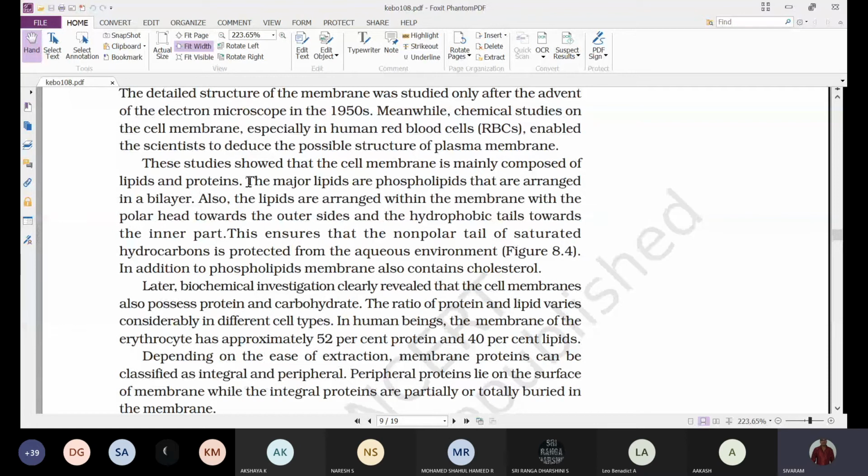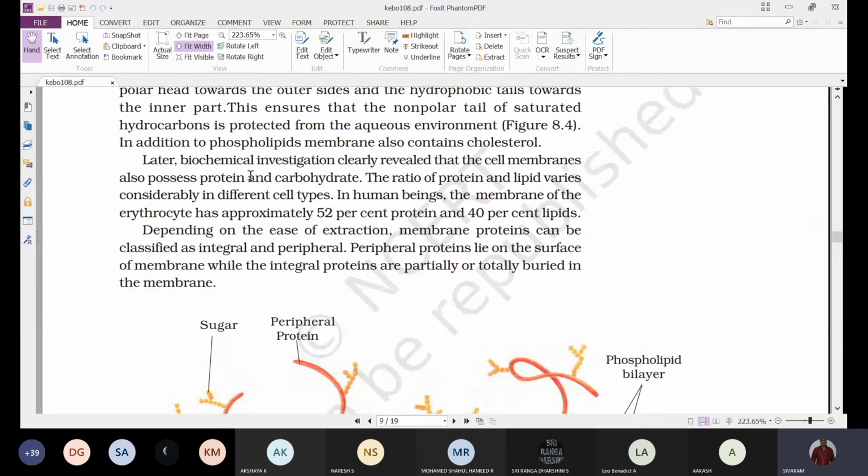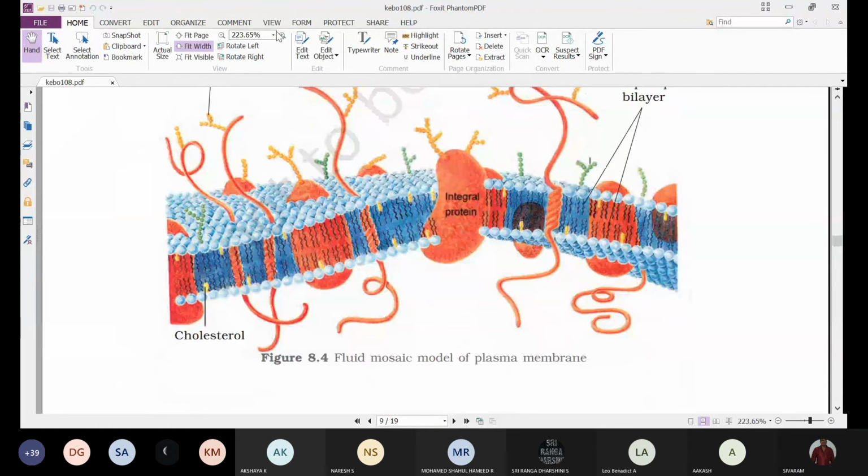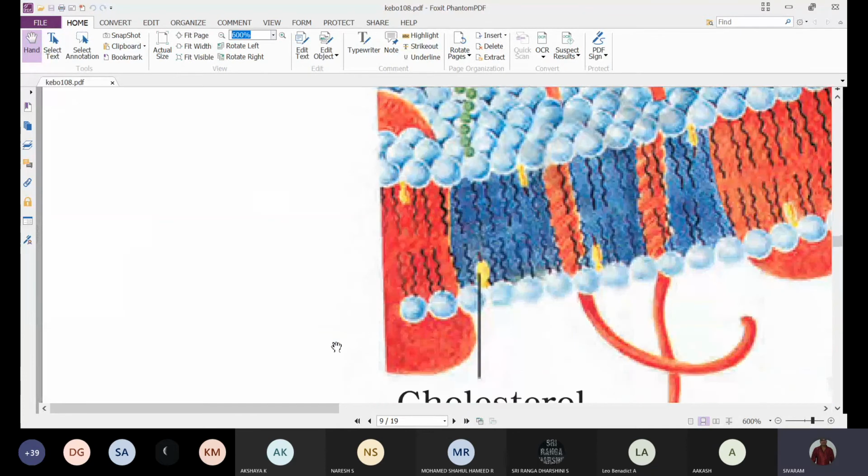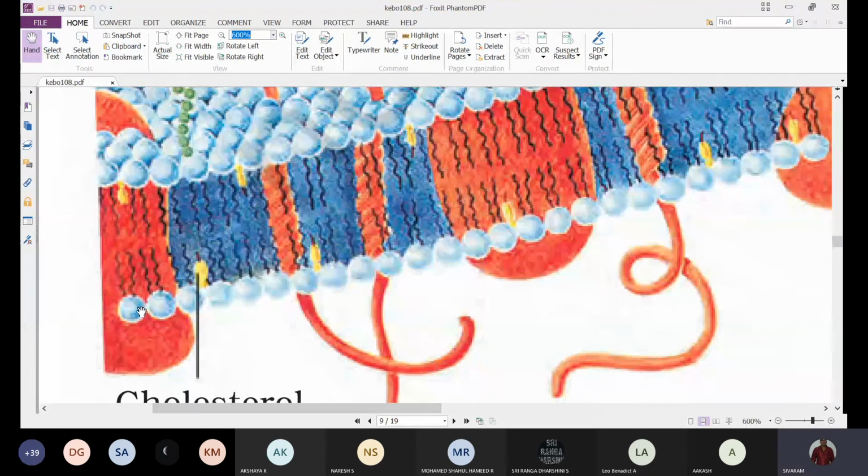Next, when you observe this phospholipid, the lipids are arranged within the membrane with the polar heads towards the outer sides and the hydrophobic tails towards the inner part. When you observe here, we can see very clearly this blue color round ball like structure and these black color thread like structures.